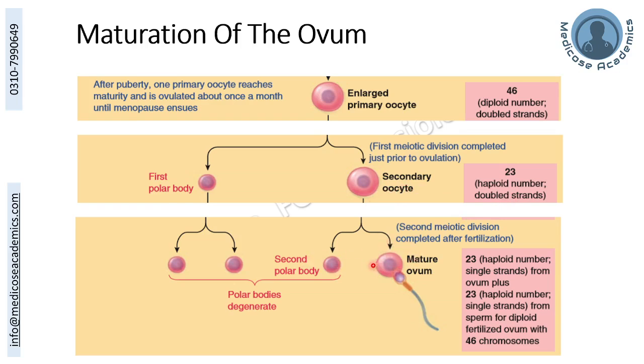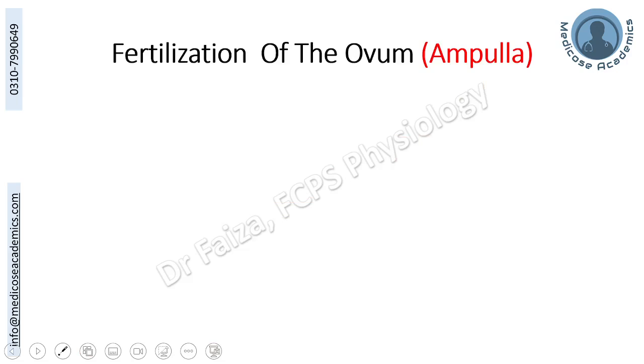So ultimately the mature ovum we have is having half the content as compared to the primary oocyte, that is 23 single-stranded chromosomes. Now this ovum when fertilized with sperm will again have 46 chromosomes.